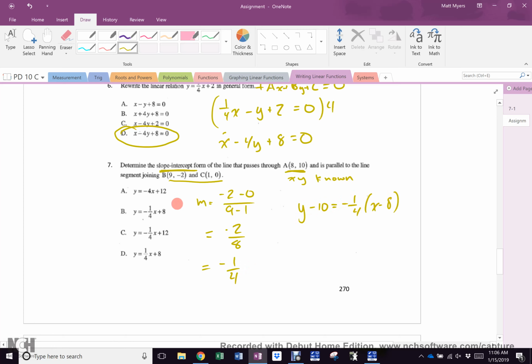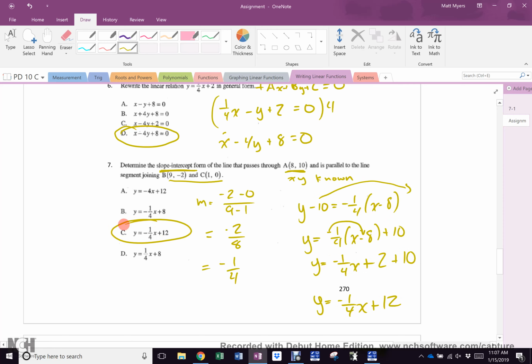And I want it in slope-intercept form. So I isolate y. y equals negative 1/4 x minus 8 plus 10, because I bring that over. y equals negative 1/4 x plus, because negative times a negative, 1/4 of 8 is 2, plus 10. y equals negative 1/4 x plus 12. C.